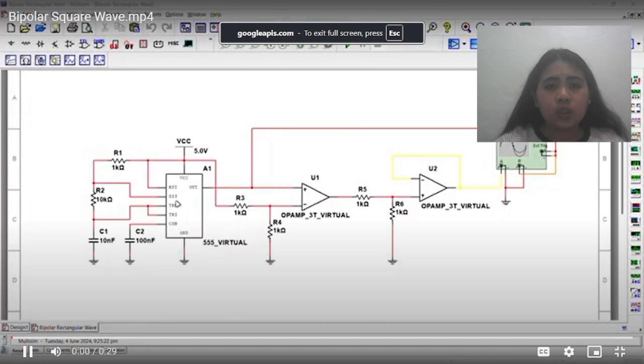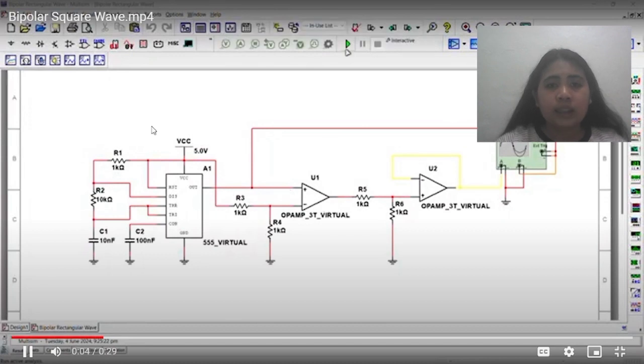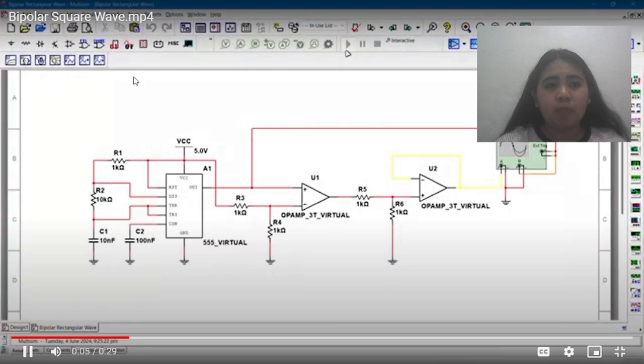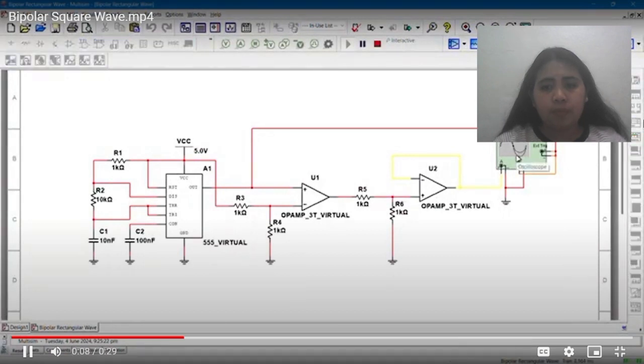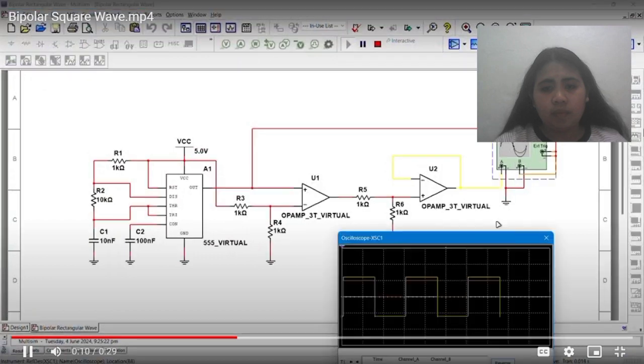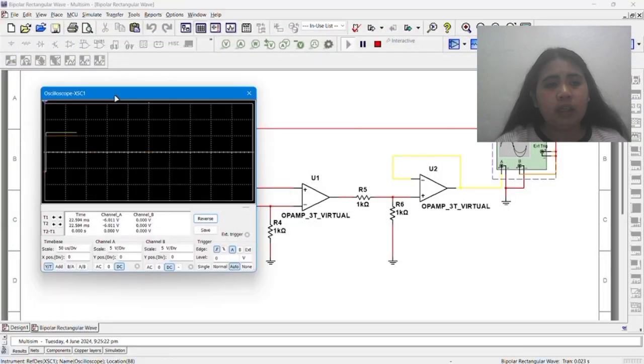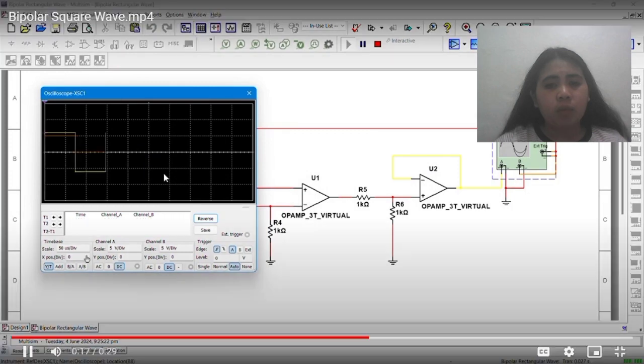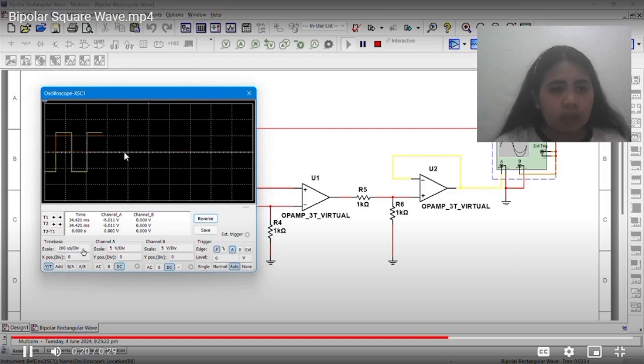So these show the bipolar rectangular wave or the simulation of the bipolar rectangular wave. As the result of the oscilloscope, it is now a rectangular waveform using this circuit.